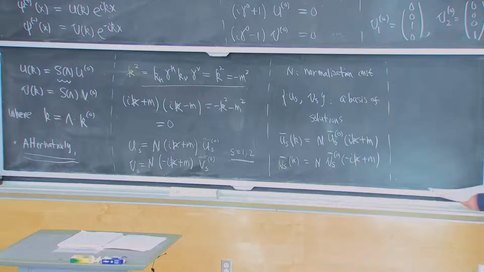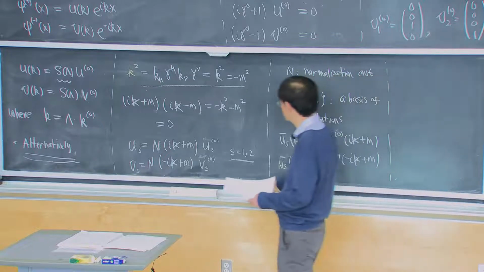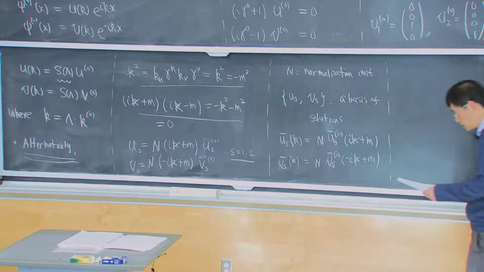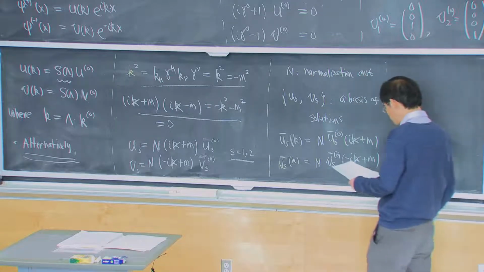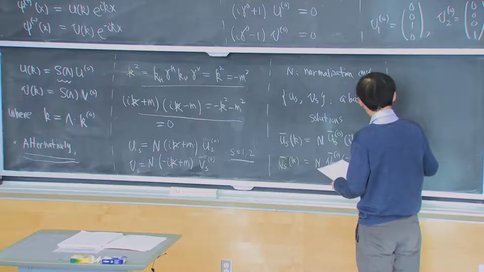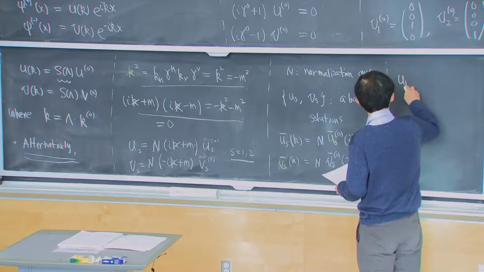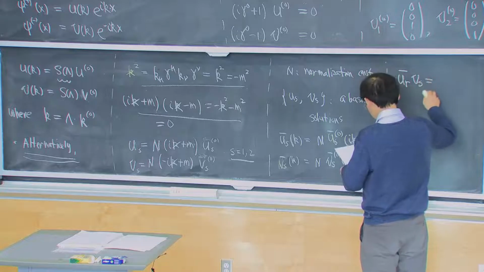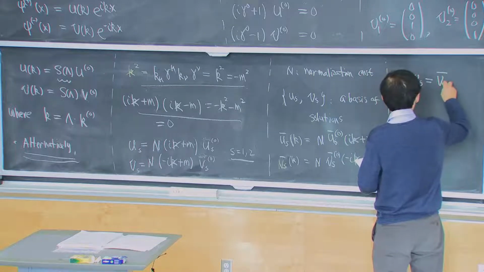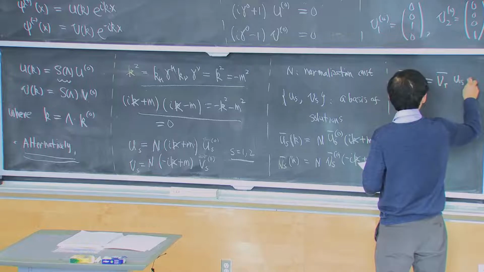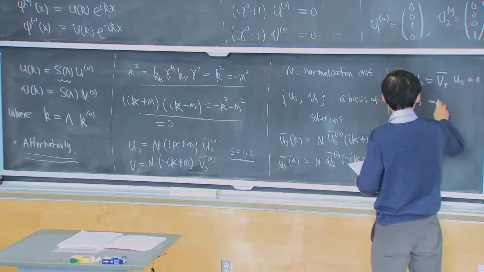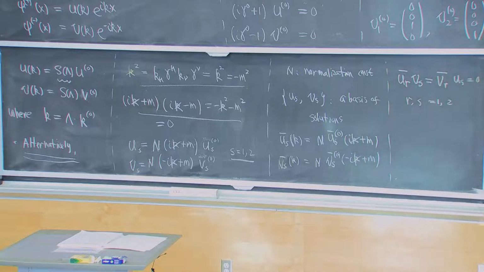Now you can easily check yourself using this equation that U bar and V bar, that is, U and V, are actually orthogonal in the following sense: U_r bar V_s is equal to V_r bar U_s is equal to 0 for arbitrary r, s equal to 1 and 2. Okay? So U and V are orthogonal.